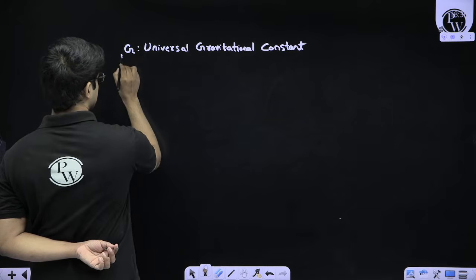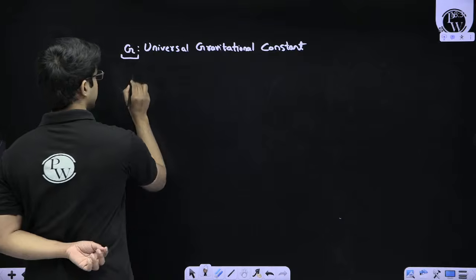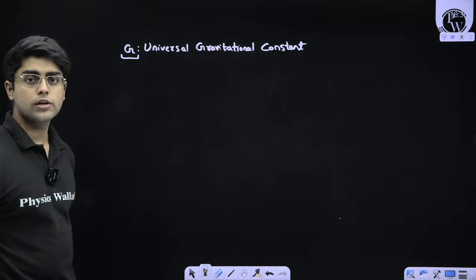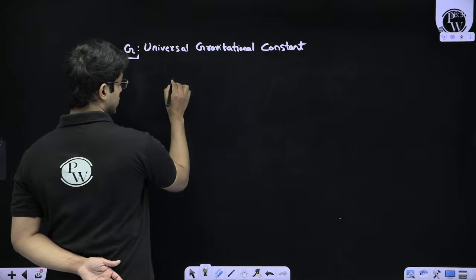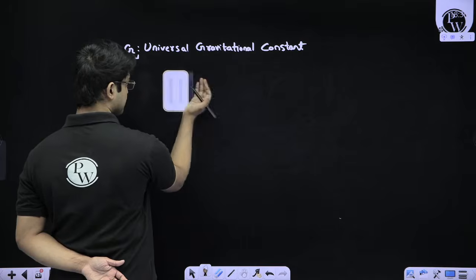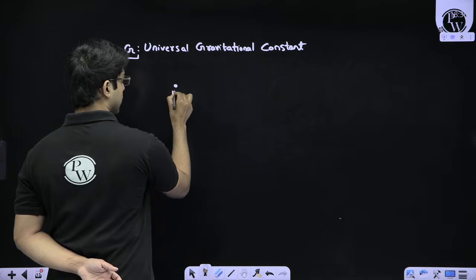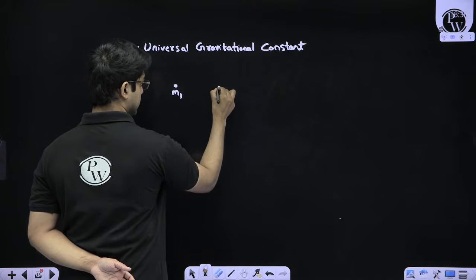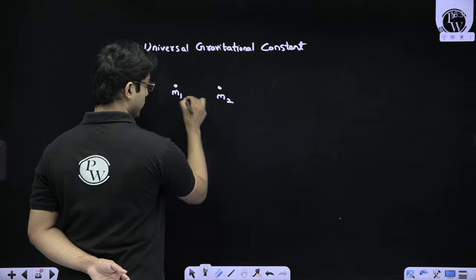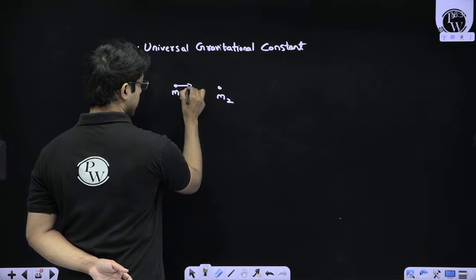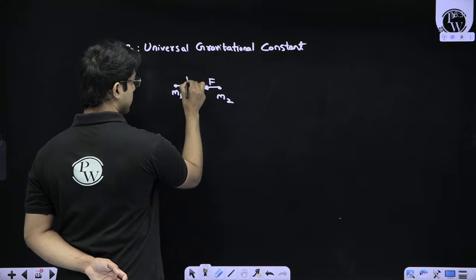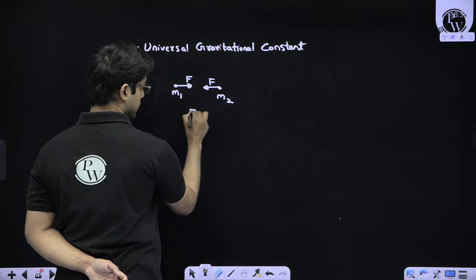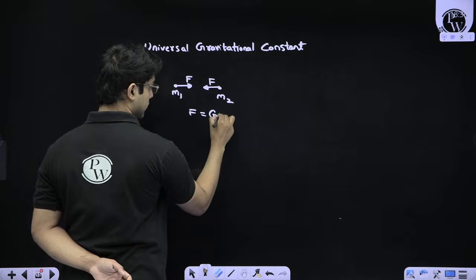So where did we see G? We saw G in Newton's law of gravitation, right? It gives us the force of attraction between two masses. When we have two masses m1 and m2, these masses attract each other with a force F, and this force was given to us by Newton's law of gravitation.